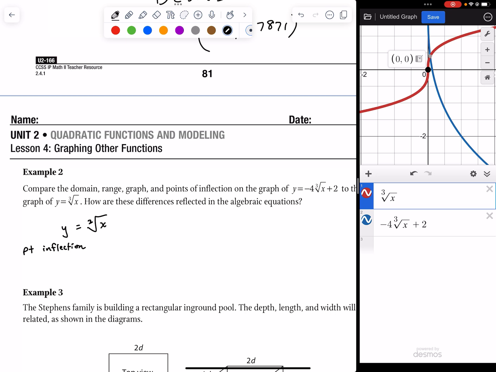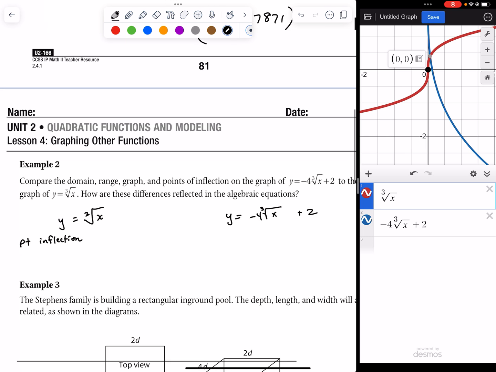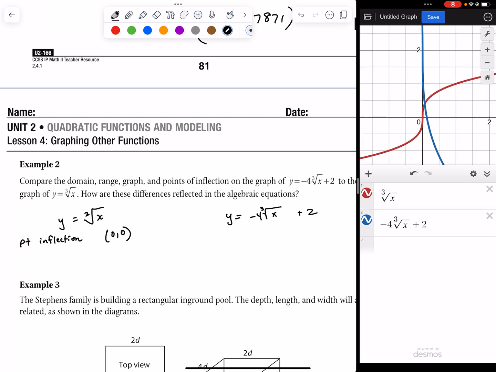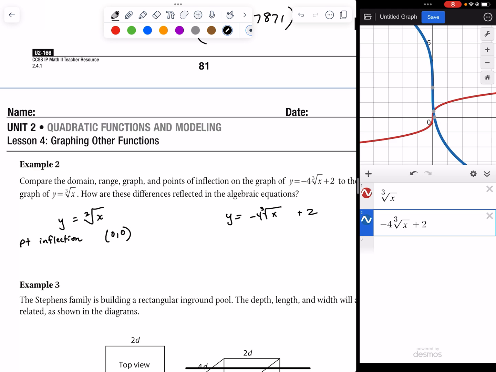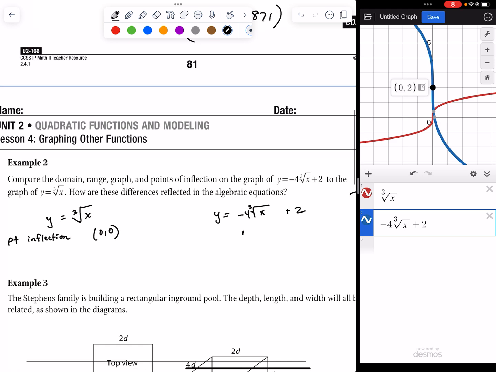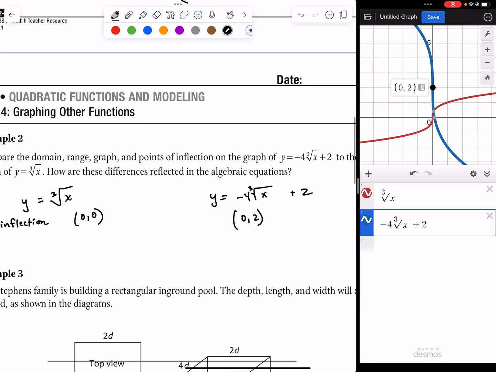Then let's write this one: negative 4 cubed root of x plus 2. The inflection point of the red one is 0, 0. Our blue one is 0, 2. Now, why?